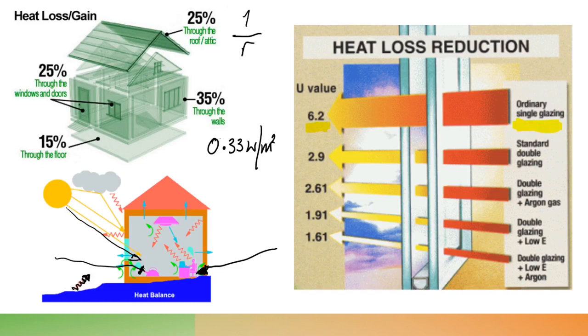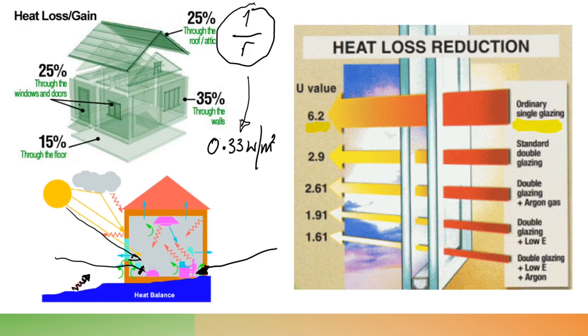So you could have a plaster coat, then a plasterboard, then a timber stud, then a cavity, then a block wall, external plaster. So we add all those different resistance values up together, and we reciprocate. In other words, we divide 1 by all of those resistance values, and if it exceeds 0.33 watts per square meter, then it doesn't comply with building regulations.